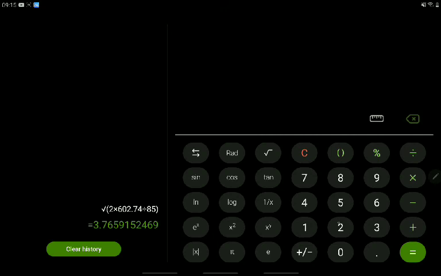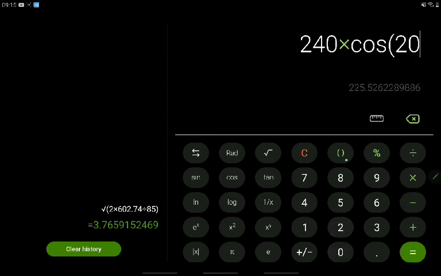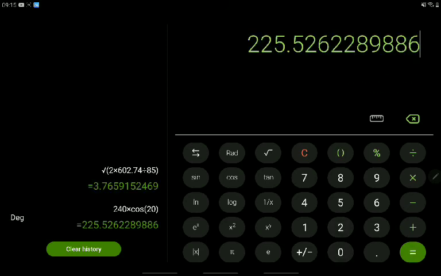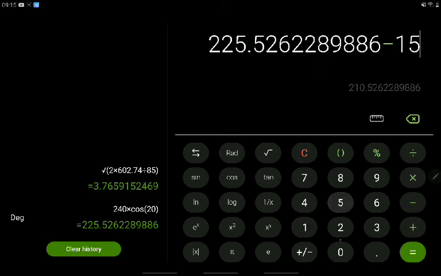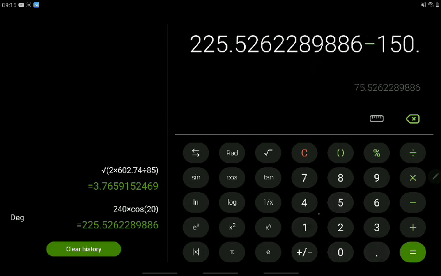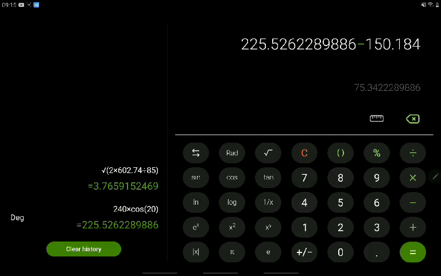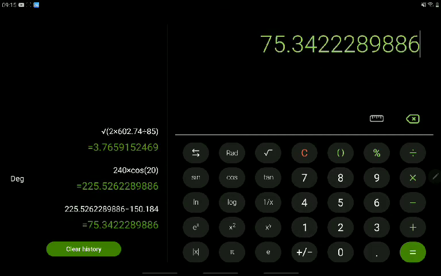So we have 240 cos of 20 degrees. That is equal to 225.526, and there are more numbers. Now that one minus 150.184, we have 75.34.